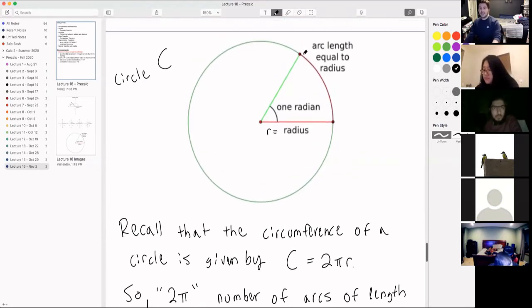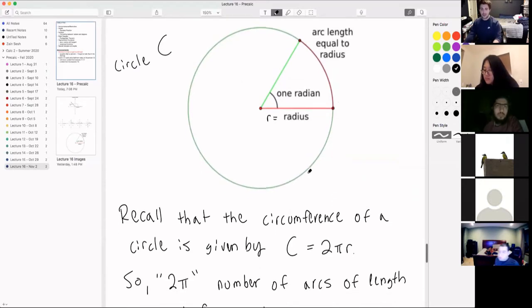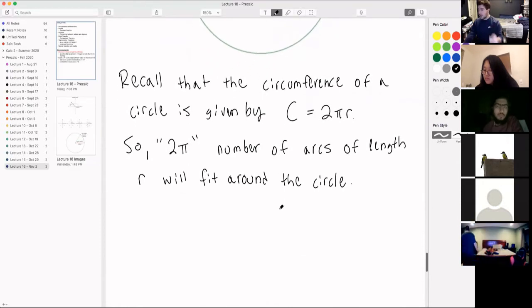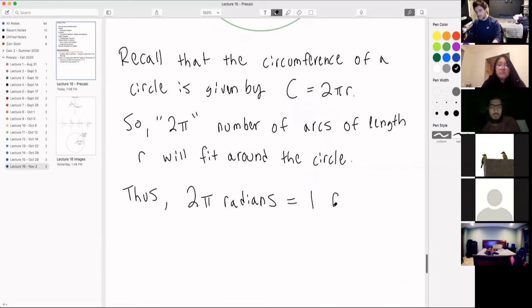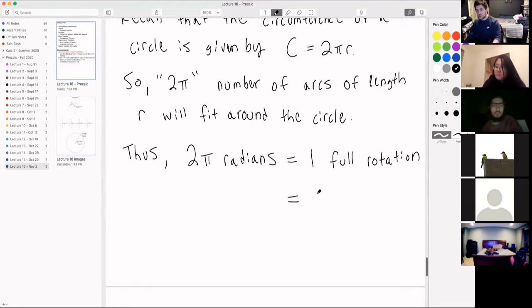And the whole point of this is that 2 pi radians will equal 1 full rotation. And in degrees, that will be 360 degrees.